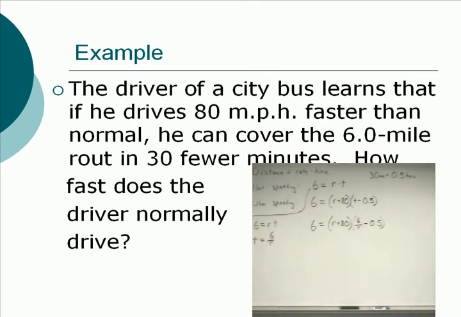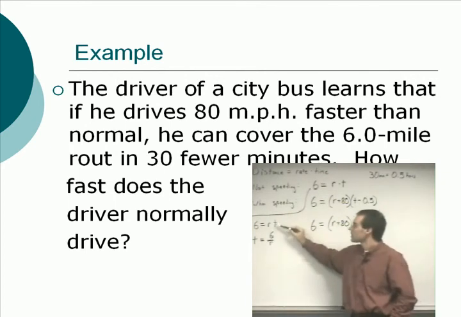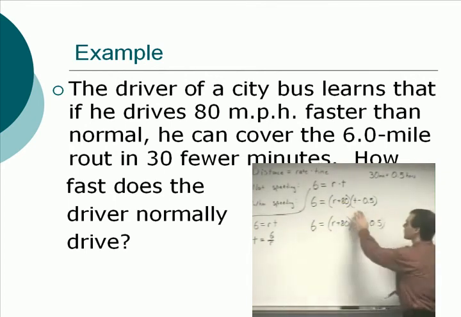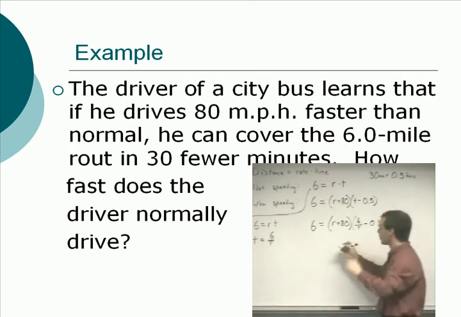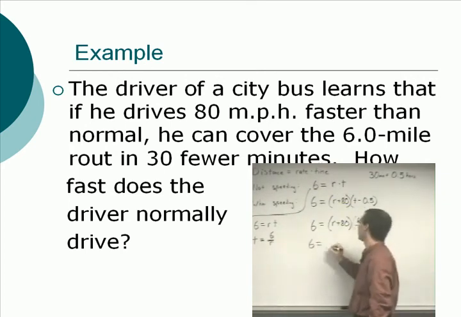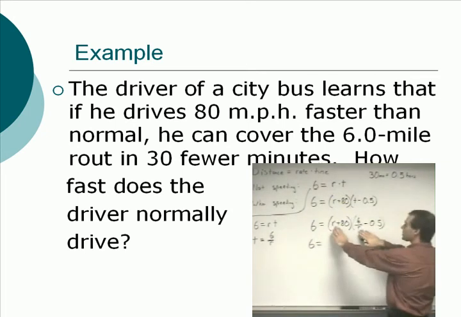So let's stop there for a minute. That's the trick to this one. Now we just solve it like we did the previous one. 6 equals rt. That means t equals 6 over r, and we can substitute that in. Okay, so we have 6 equals, we need to FOIL this out. R times 6 over r, our first term, is 6.